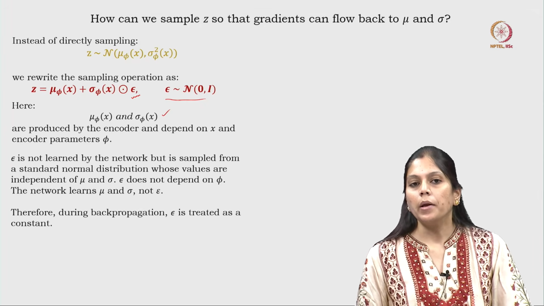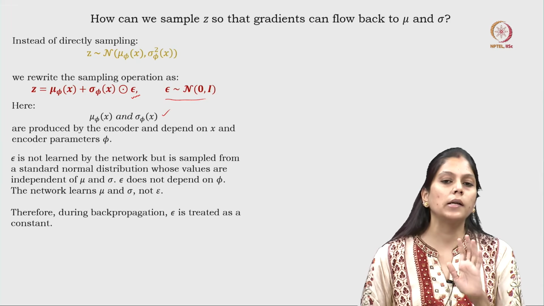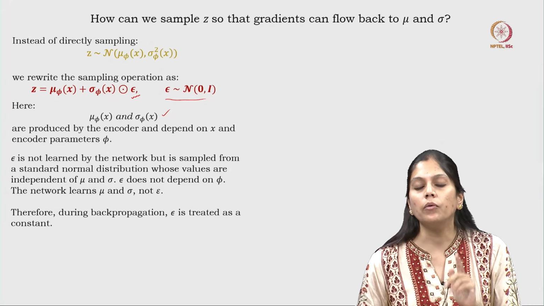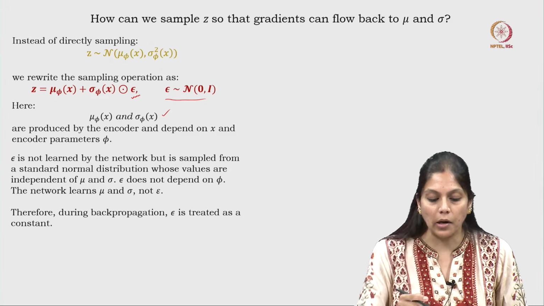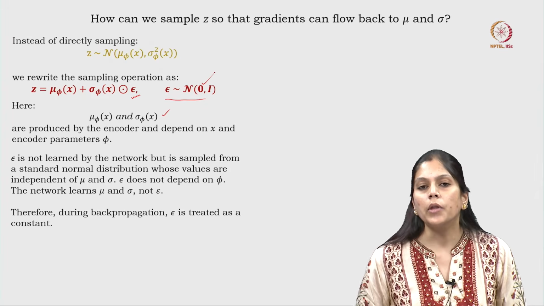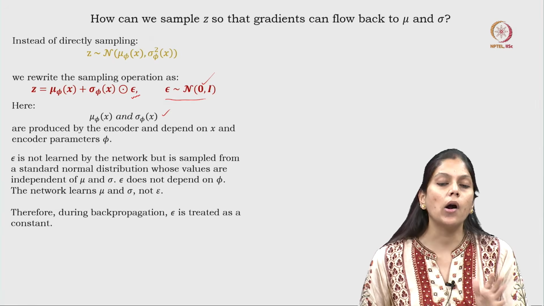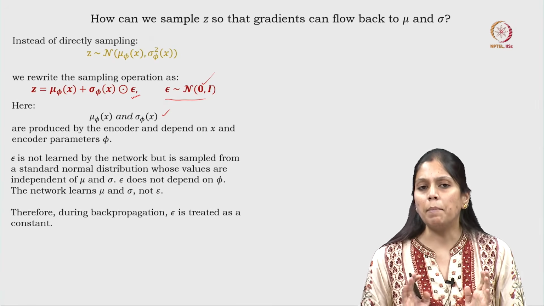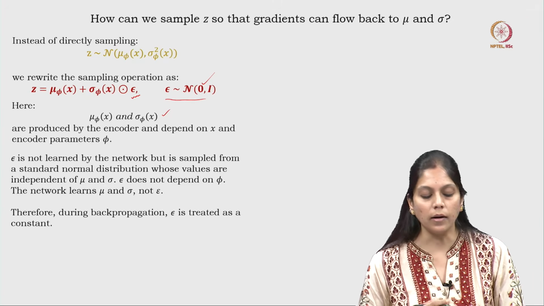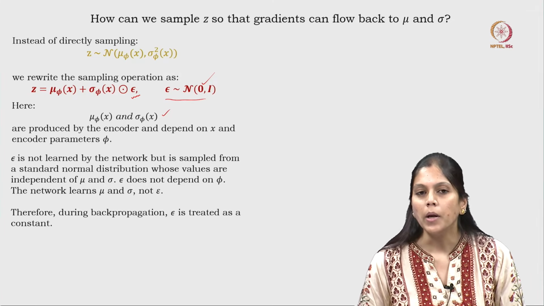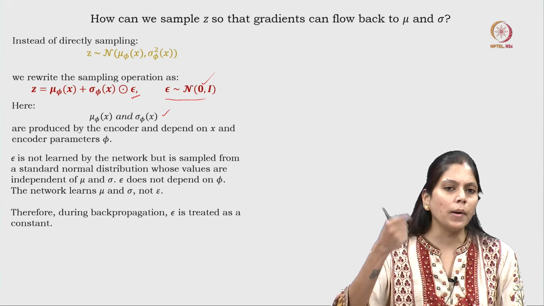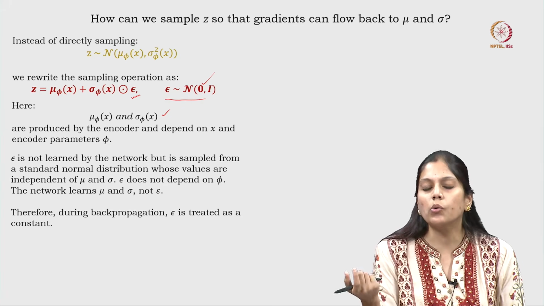So, you see, the epsilon is something which is not learned by the network and its value is sampled from this particular distribution. Therefore, the network does not learn the epsilon and it is completely independent of the mean and the standard deviation. Therefore, during backpropagation, one value is randomly picked, which means it is just one number.